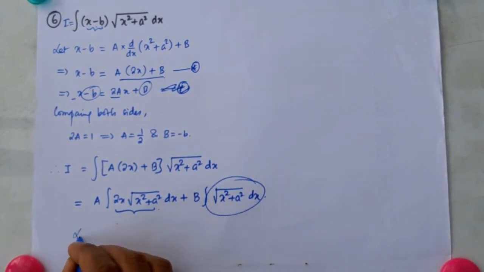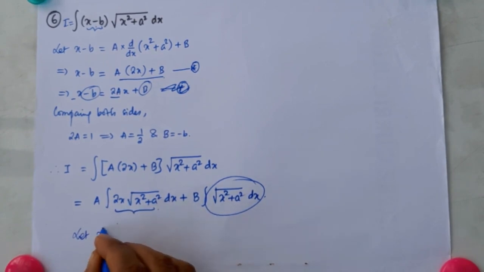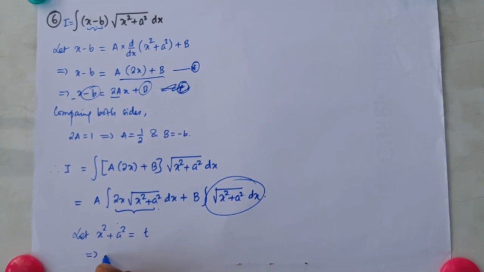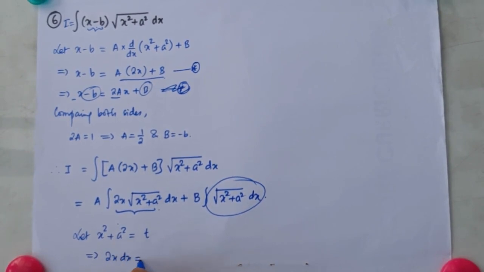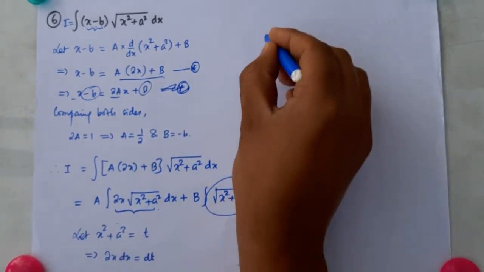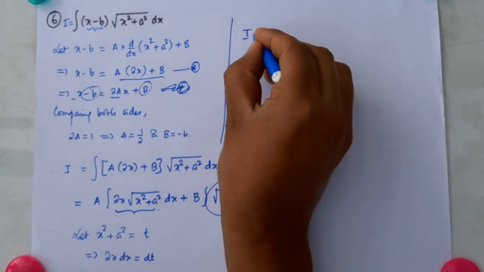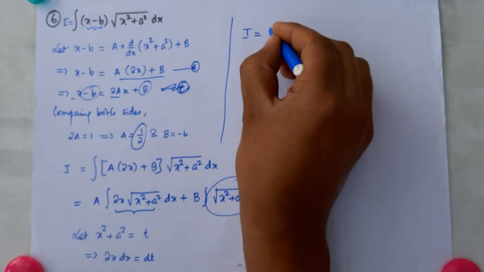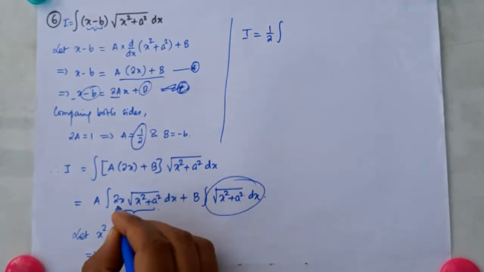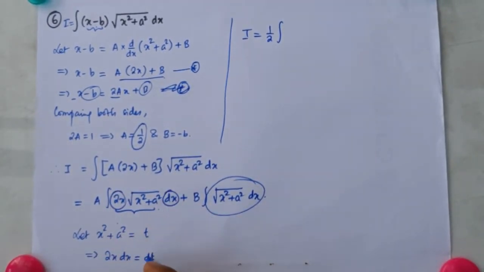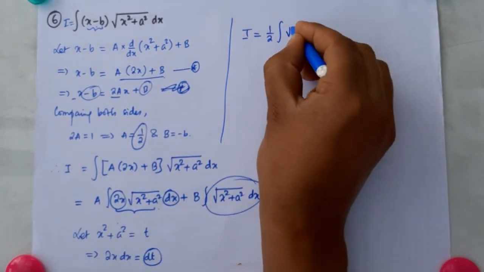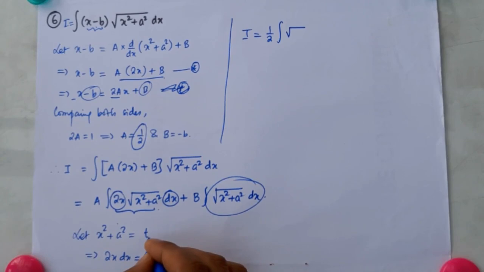Here you need to again do the substitution. So let x square plus a square equal t. So from here you see that 2x dx will be equal to dt. So that's why your integral I will turn into a. So what is a? A is half. So half integral. So 2x dx is dt, isn't it? So what is this? Square root of x square plus a square is t.